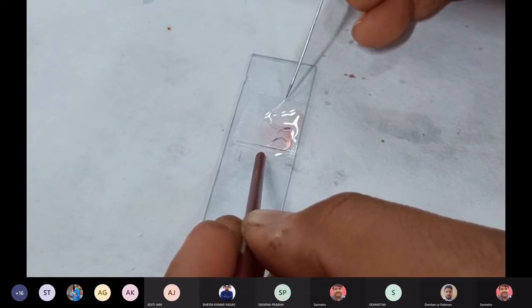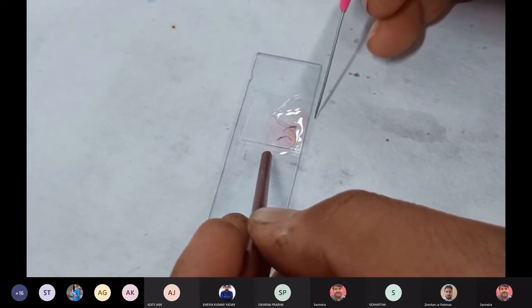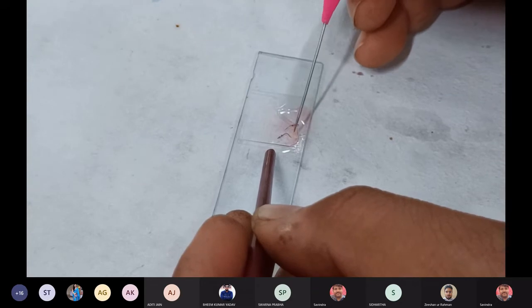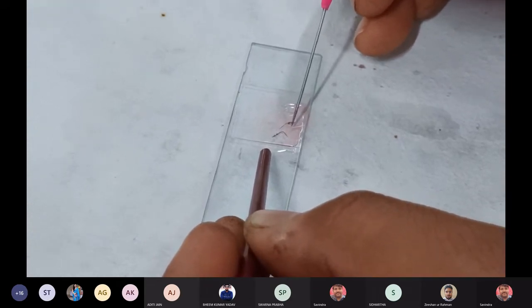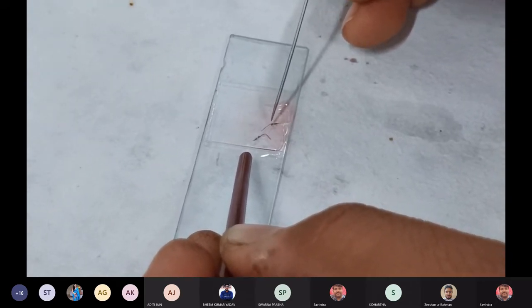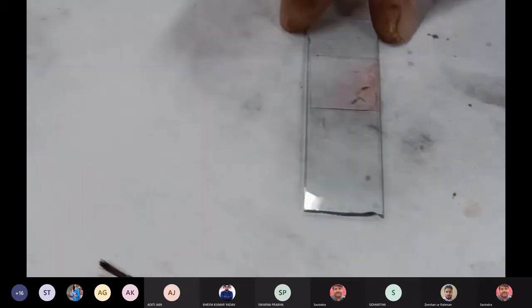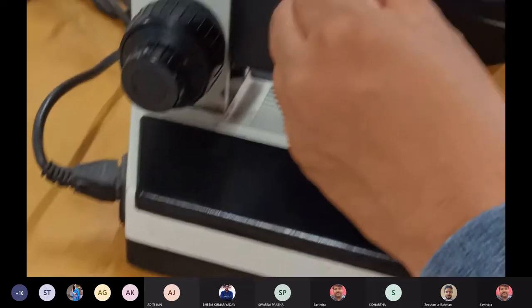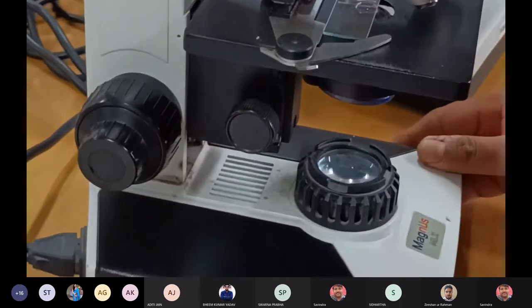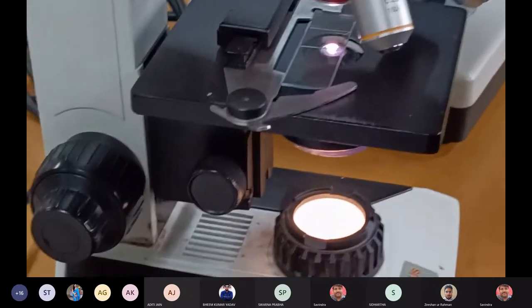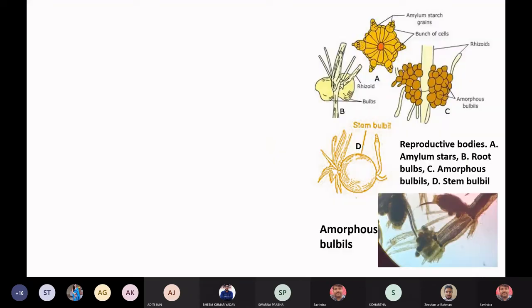Because it's a thick material, your cover slip will not be placed properly. You can see one corner, it's not properly placed. That's why you have to gently press it. Is it clear कि आपको थोड़ा सा gently press करना है, ज्यादा जोर से नहीं करना, इससे glycerin सबको cover कर ले. And then you will observe it under the microscope.